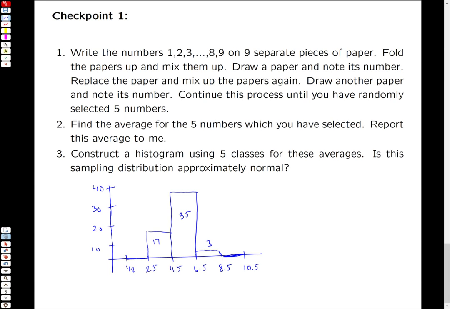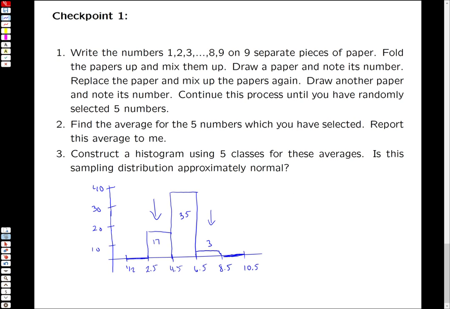Does this look somewhat symmetrical and mound-shaped? Yeah. I mean, it's got a lot more on this side right here than on that side right there. So it's approximately mound-shaped. How do you spell approximately? Almost mound-shaped.